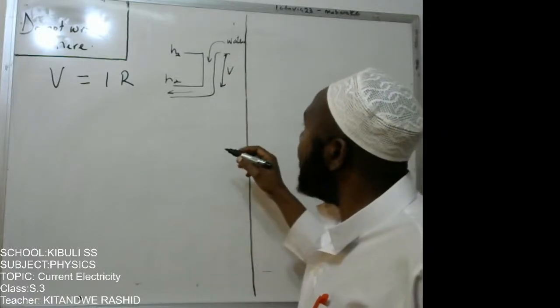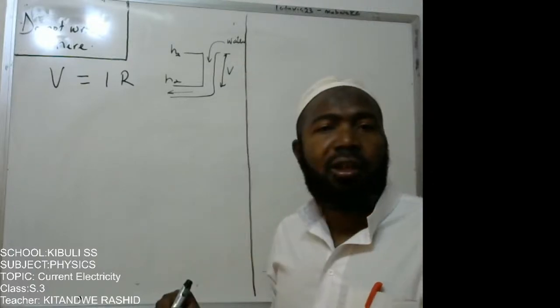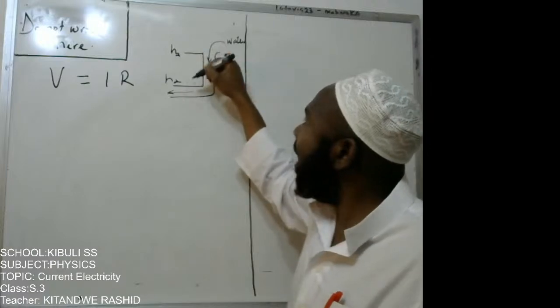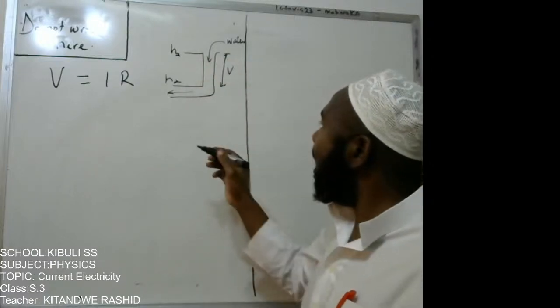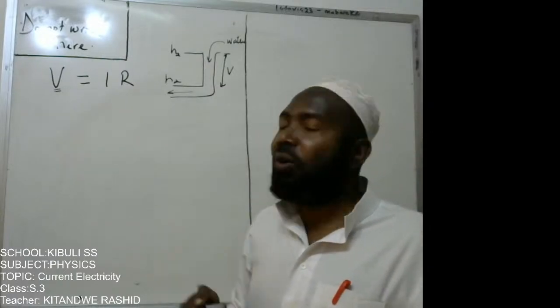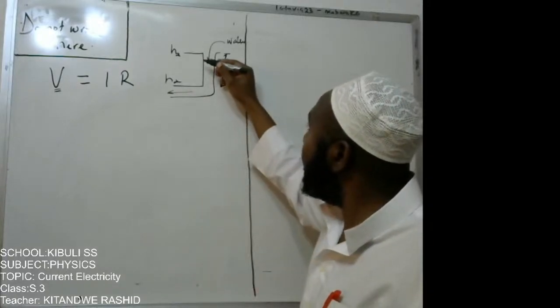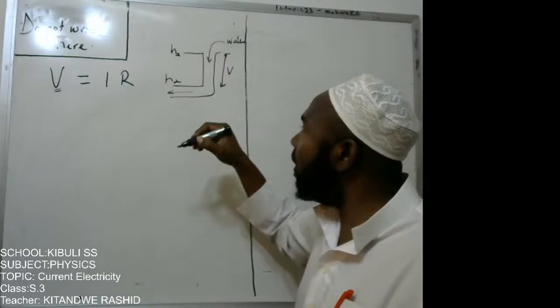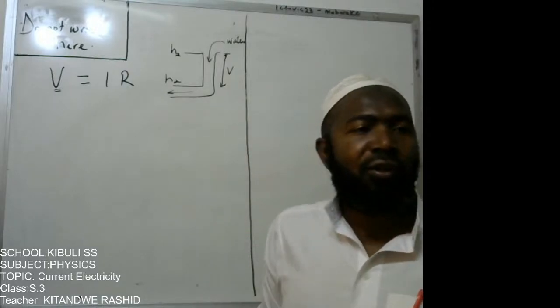And therefore the speed with which the water is moving depends on the difference in the heights. So therefore even current flow depends on the difference in the potential. The difference in the potential between the highest point and the lowest point determines the rate of flow of charge, and therefore rate of flow of current.